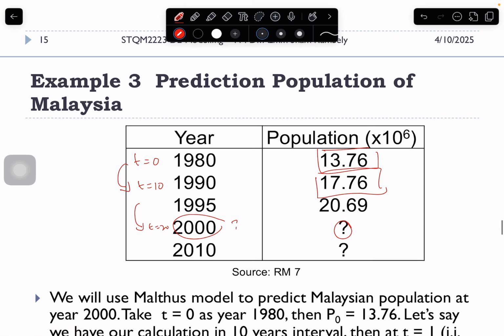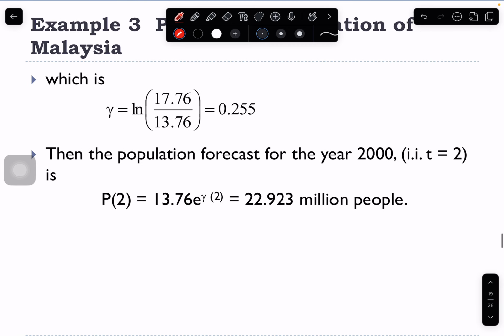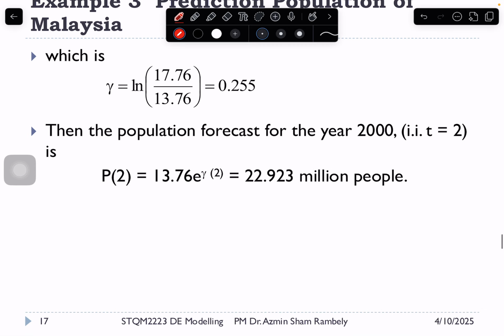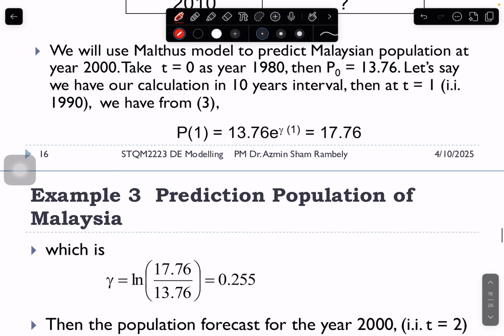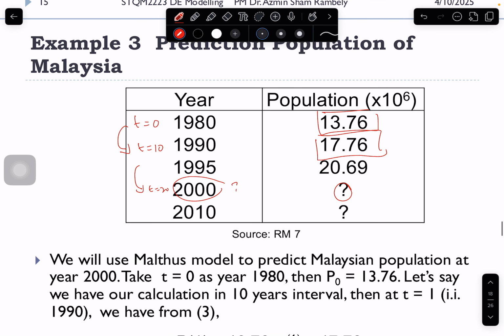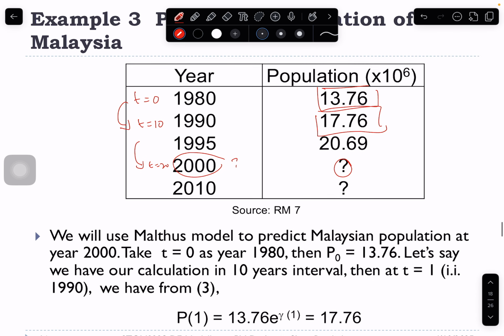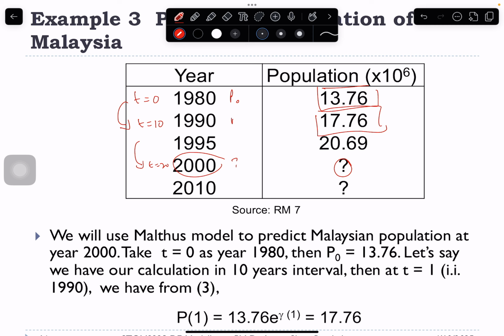You just put it into the equation and you should be able to solve it. When t is 0, that's P0 at 1980. This is P1, at 1990.